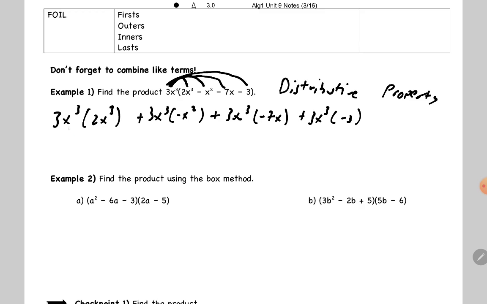Okay, so let's look at the first one. 3 times 2 is 6. X cubed times x cubed makes x to the 3 plus 3, which is 6.